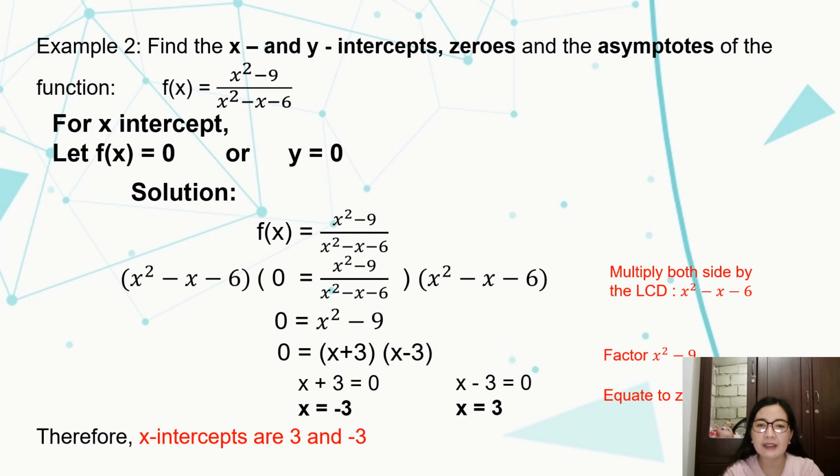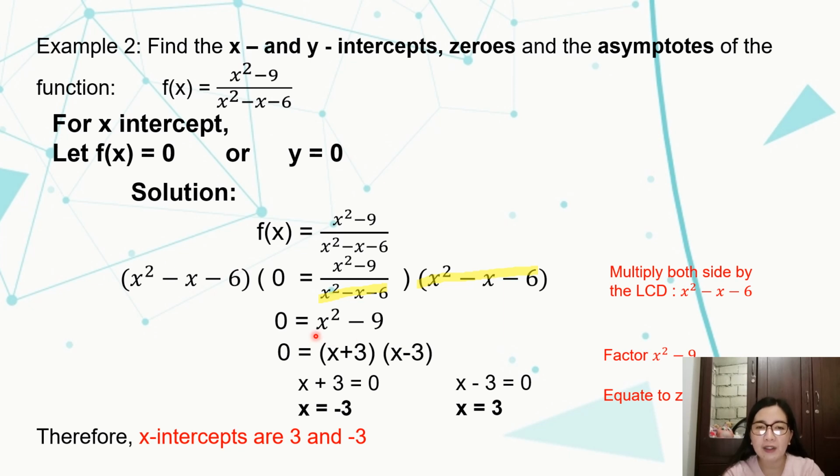At dito sa right side of the equation, we can now cancel out our LCD at yung ating denominator. So, ang matira na lamang ay x squared minus 9. So, since ito 0 equals x squared minus 9 is a quadratic equation, one way to solve a quadratic equation is by factoring.